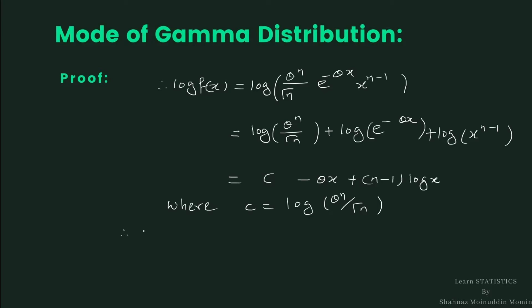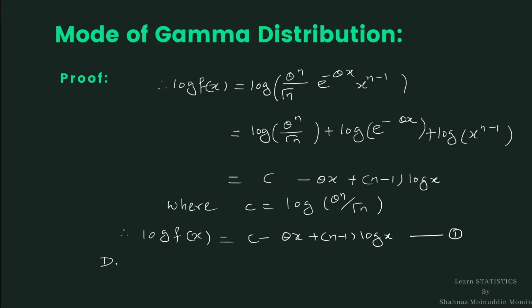Therefore, log of f(x) is equal to c minus theta x plus n minus 1 log x. This is equation number 1.